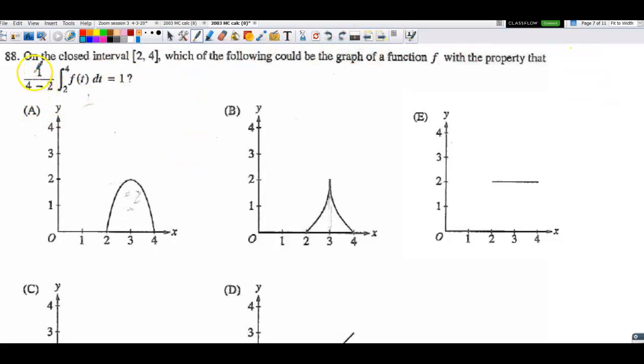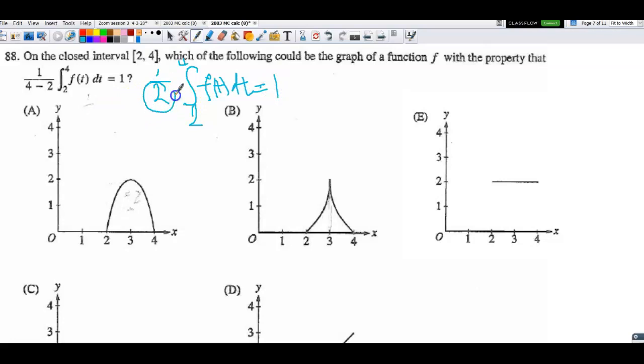Number 88, on a closed interval, which of the following could be the graph of a function with the property that the average value is equal to 1? All right, so let's simplify this a little bit over here. 1 over 4 minus 2 is actually the same thing as, of course, 1/2 of the integral from 2 to 4 of f of t dt, equal to 1.